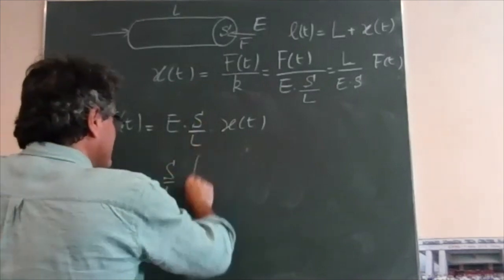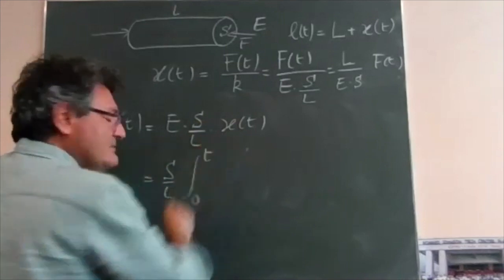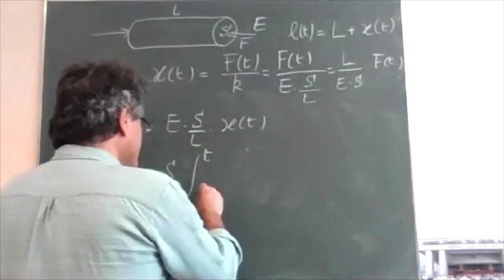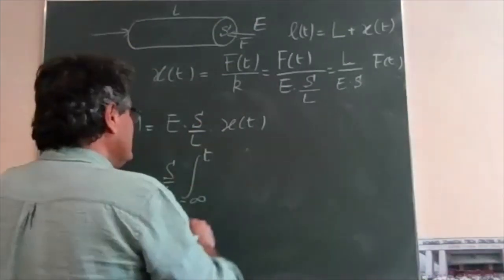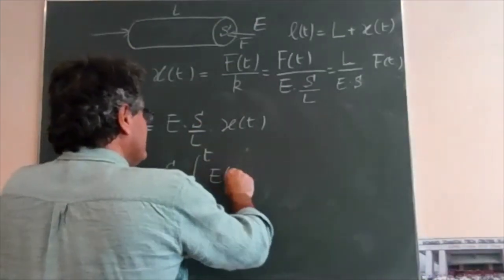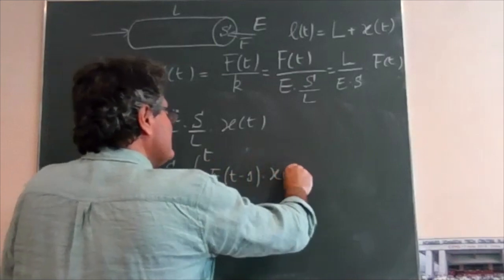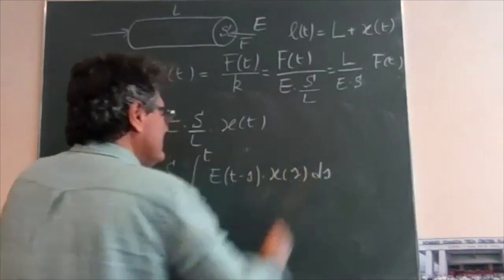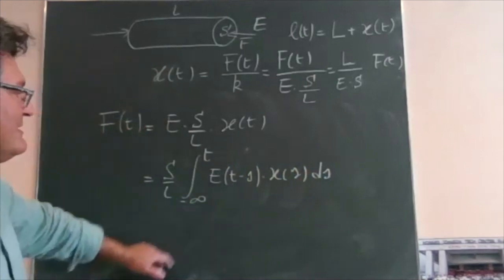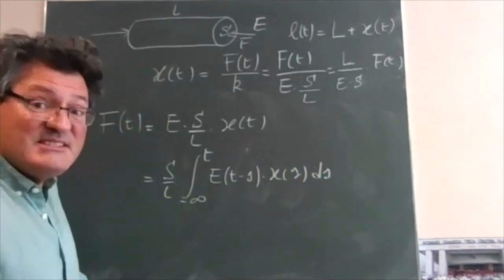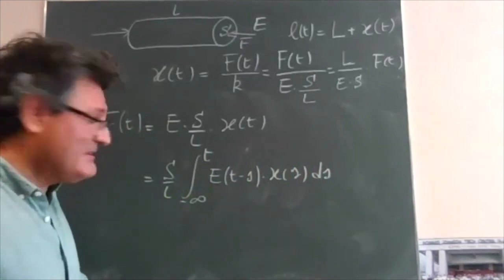Okay? So it's an integral from 0 to t. Actually, this is from minus infinity to t, E of t minus s times x of s ds.